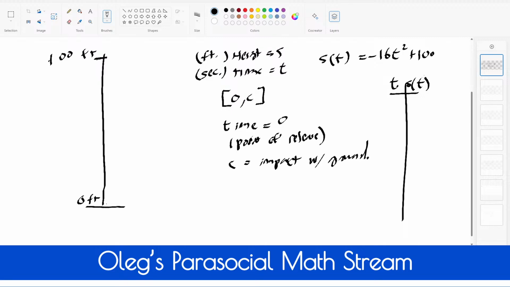So again, input, output. T is 0. So we drop it into the t squared. That gives us 100 back. Okay? All right. T is 1. So that's going to be 100 minus 16. All right. So that's going to be 84. Yep.